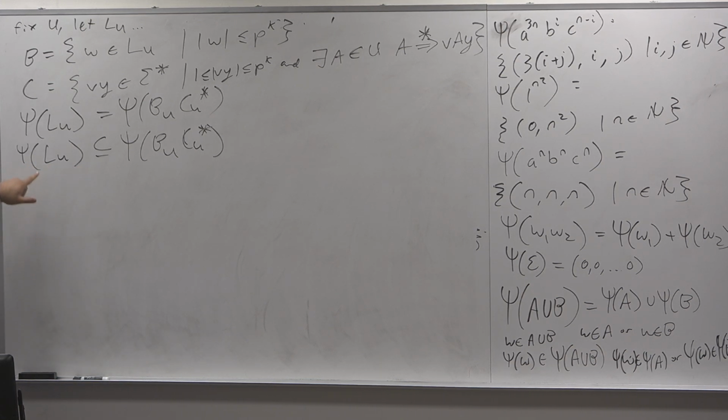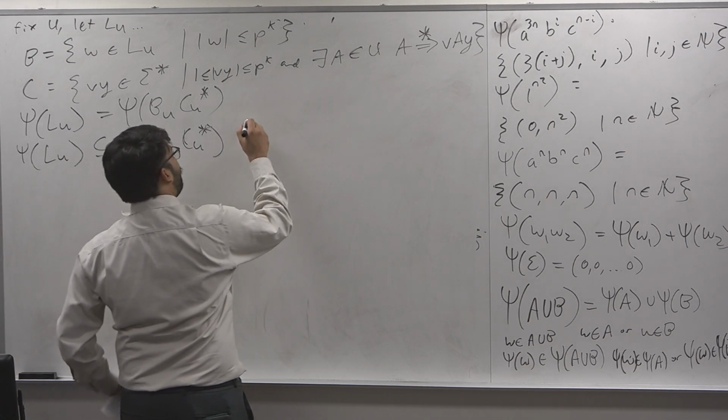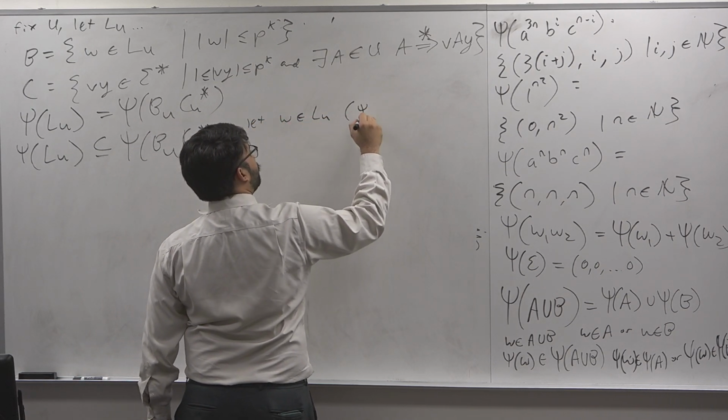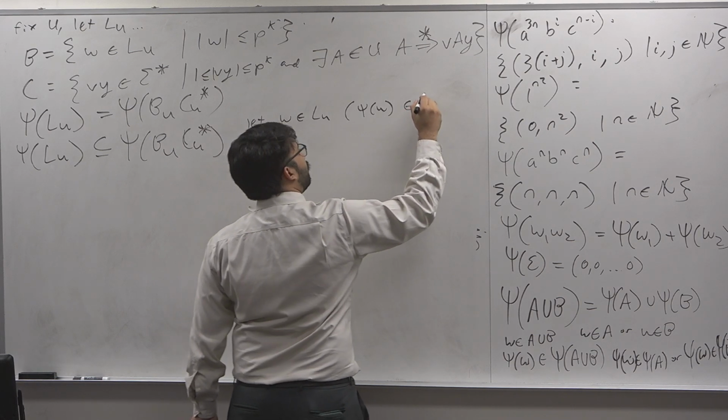This is difficult. To prove a set containment, we take an element in here and show it's in here. So we could say something like, let W be an LU, and therefore the frequency of W is in the frequency of LU.